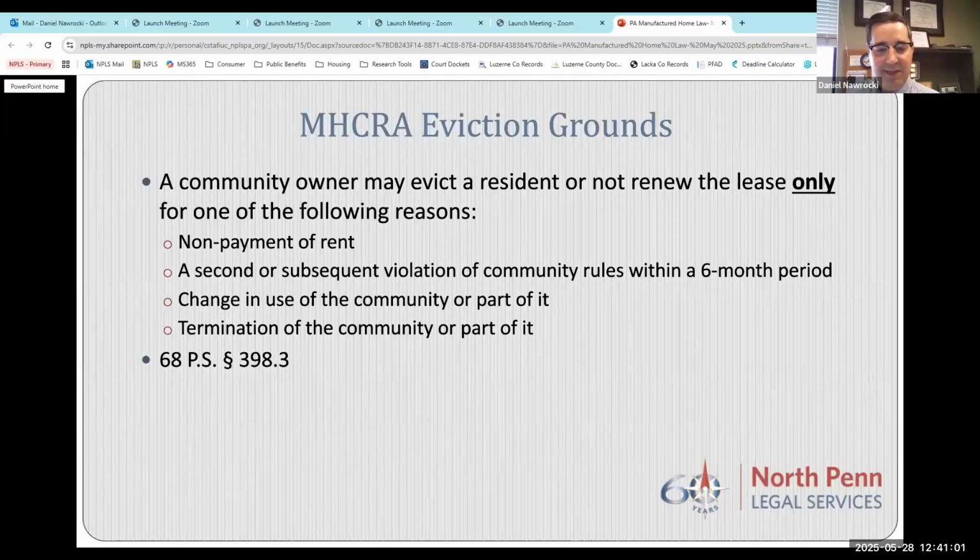That is not the case when someone is a mobile home resident. So they own the home, rent the lot. They can only be evicted for one of four reasons: non-payment of rent, two violations of the community rules within a six-month period, change in use of the community, or termination of the community. And the two that we most often see are non-payment of rent and rule violations.